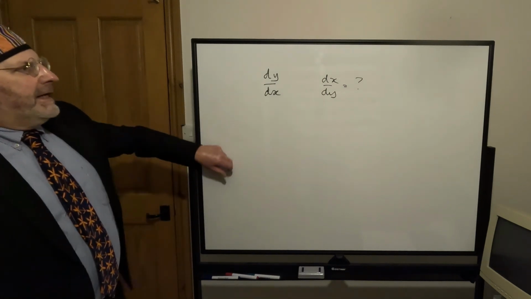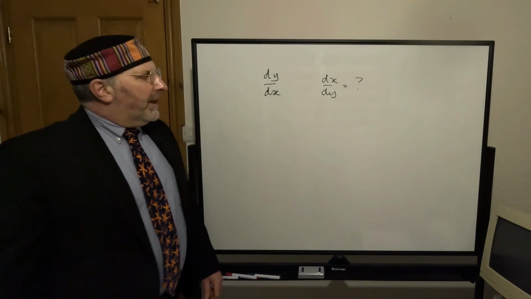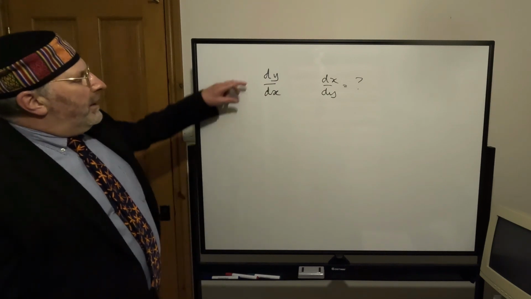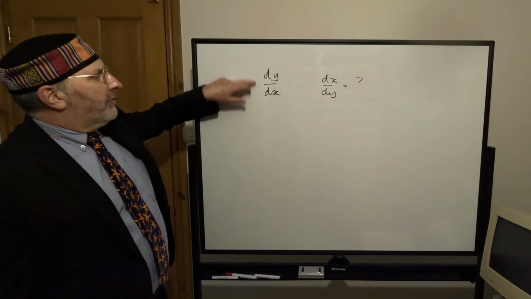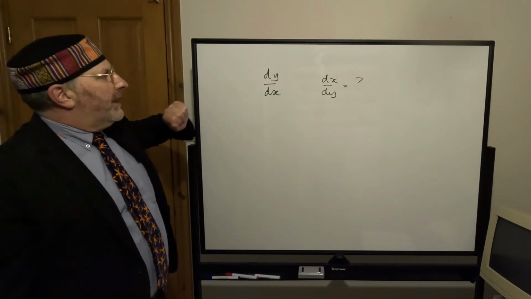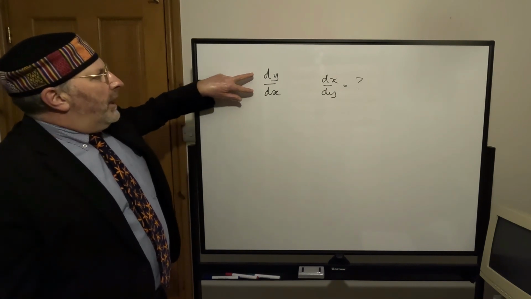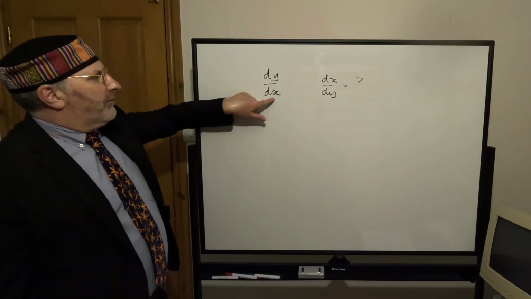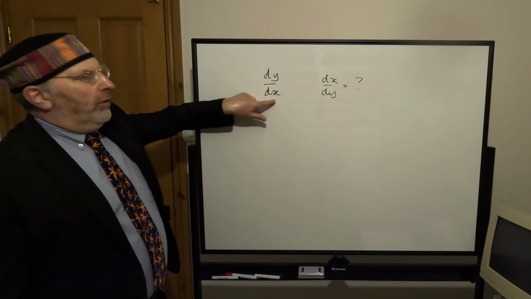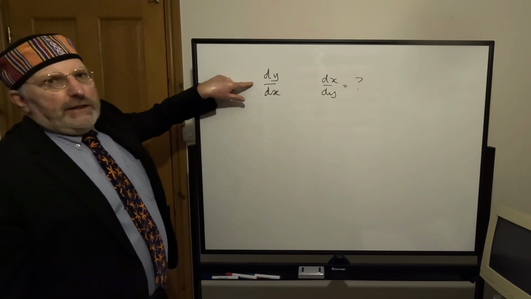If we've been told dy by dx, how do we work out dx by dy? Well, as we know, this dy by dx came from fractions. It started off as delta y divided by delta x. And this isn't strictly a fraction, because this dx, remember, is infinitesimally small, or effectively 0, and we can't really divide by 0.